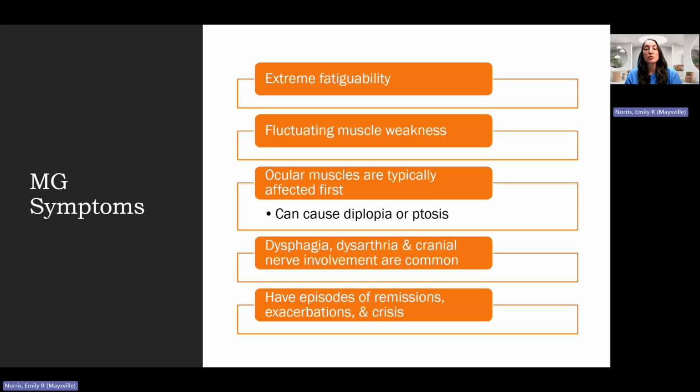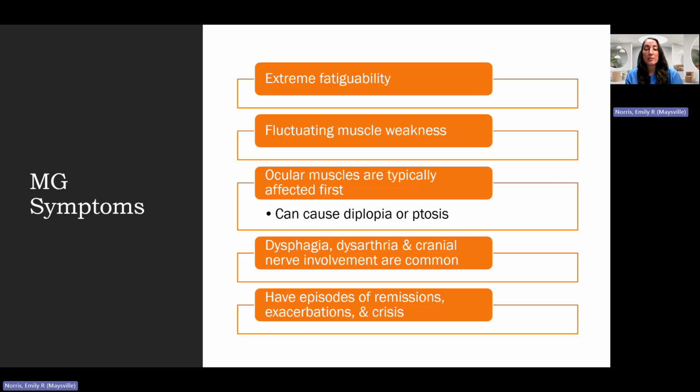Some of the symptoms are extreme fatigability and fluctuating muscle weakness. Ocular muscles are typically affected first, just like with MS. It can cause diplopia, which is double vision, or ptosis, which is the drooping of the eyelid.